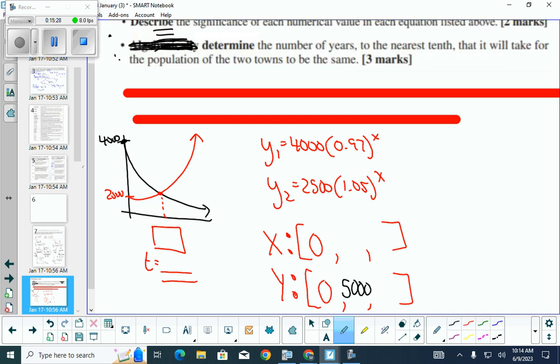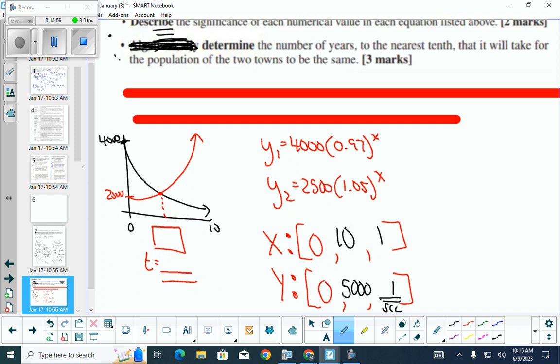Probably 5,000. Now you can use whatever you want for scale. They don't actually care about the scale. You can, as long as you have the 0 and the 5,000. Now for T, it's a guessing game. I've got mine just set at 10 right now, but I might have to change it. Oh no, 10 works. So I went from 0 to 10.